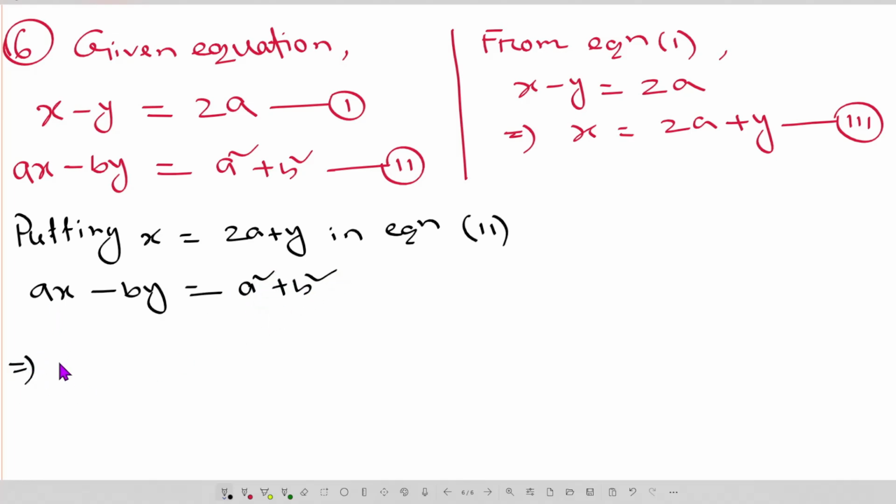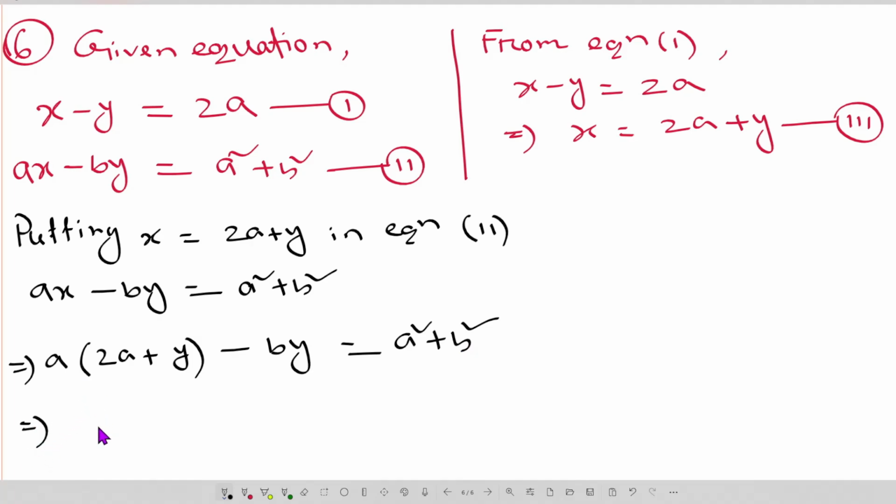So a times x means 2a plus y, then minus by equals a square plus b square, right? Then here is 2a square plus ay minus by equals a square plus b square, right?